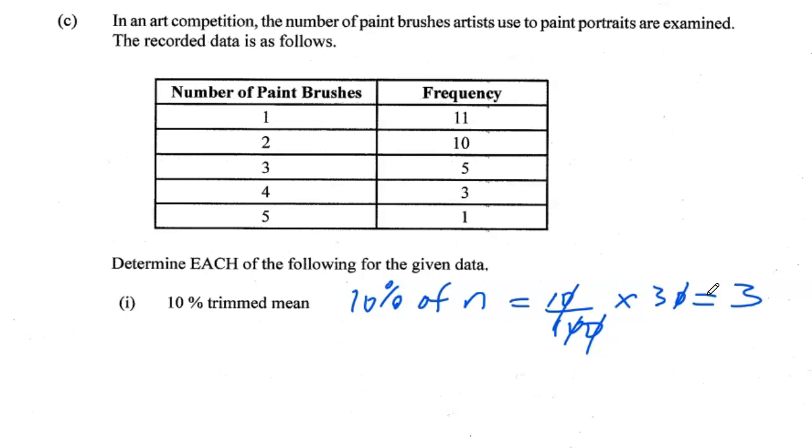And this is telling us that when we're calculating the mean, we're going to remove the first 3 numbers in the data set and the last 3 numbers in the data set. If you think about it, we have 11 ones. If you write out the raw data, 1 would appear 11 times. You're removing the first 3 ones, so you're now left with 8 ones.